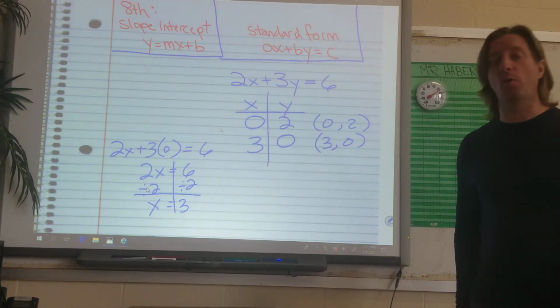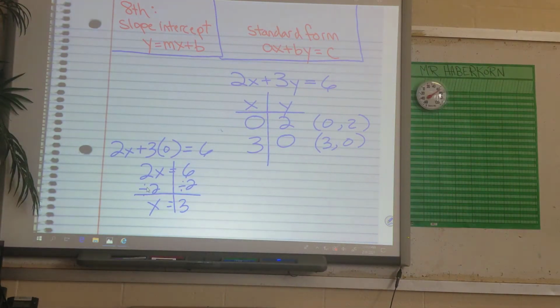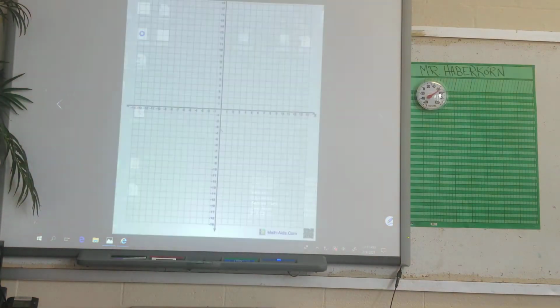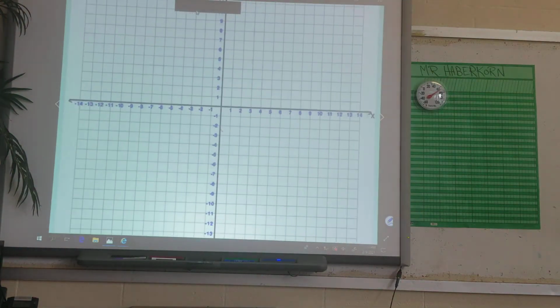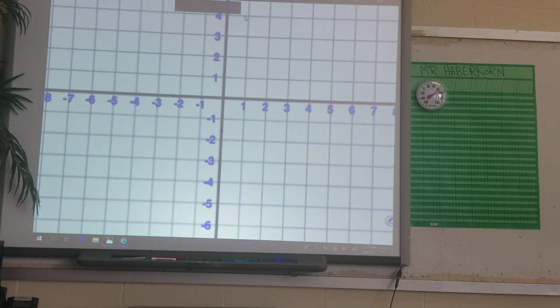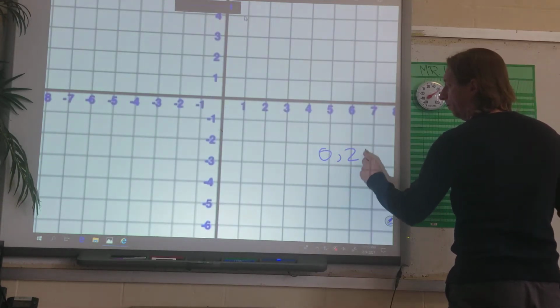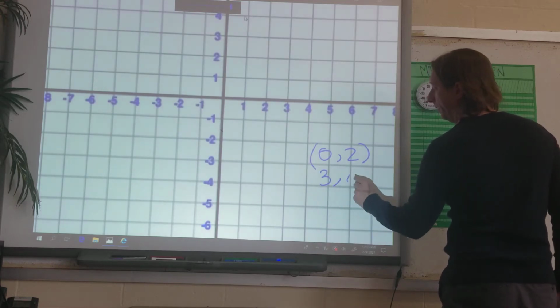Now I just graph the 2 points. So I pull up a coordinate plane. My 2 points were 0, 2 and 3, 0, right?